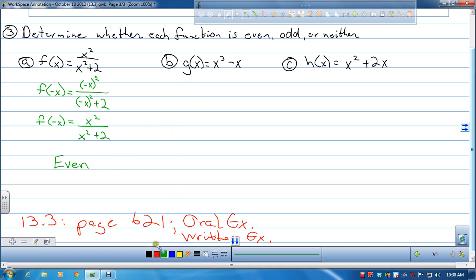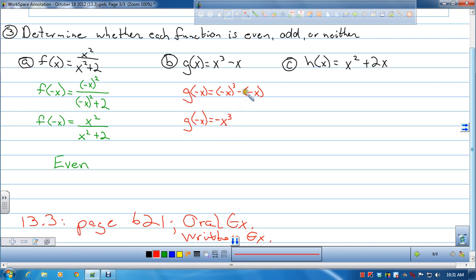Let's go look at g of x over here. Well, to determine whether it's even or odd, we're going to plug in a negative x. So negative x cubed minus, here's where it's very important that you put these in parentheses, because you'll see that when I plug in negative x, cubed is in fact going to be a negative value, right?